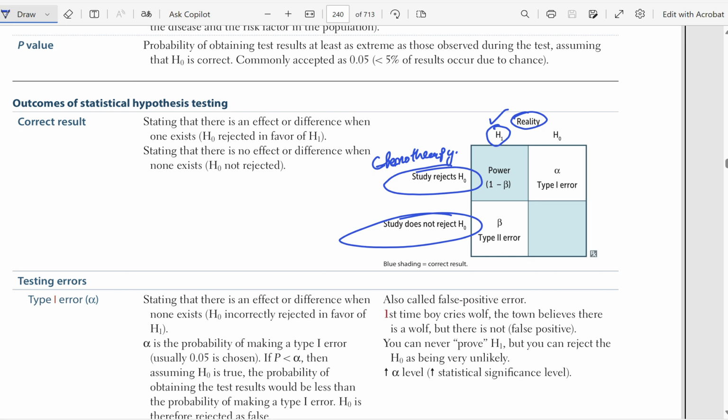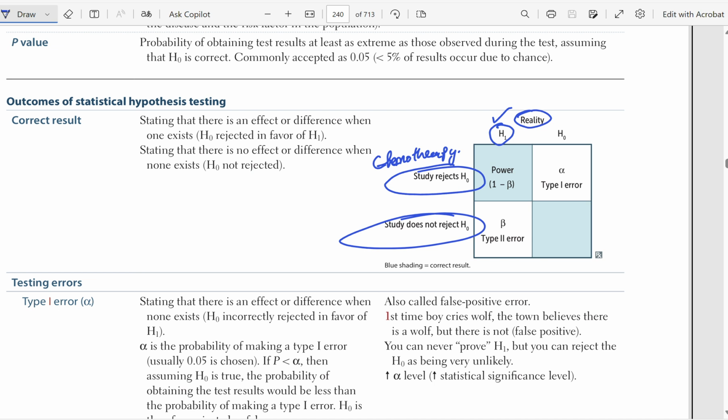The null hypothesis will obviously be that chemotherapy does not increase life. Correct. So the study rejects the null hypothesis. That means chemotherapy increases life.